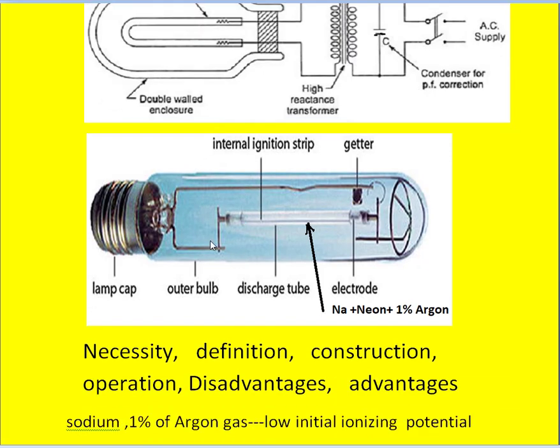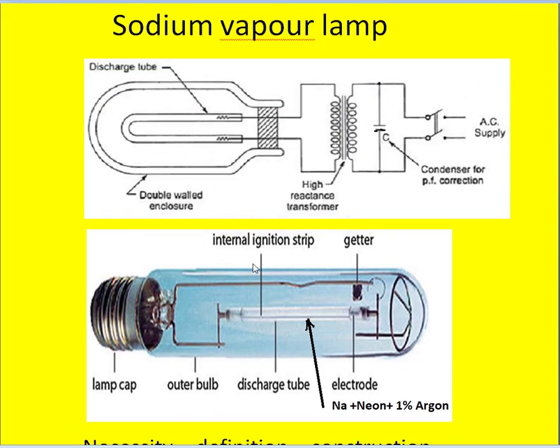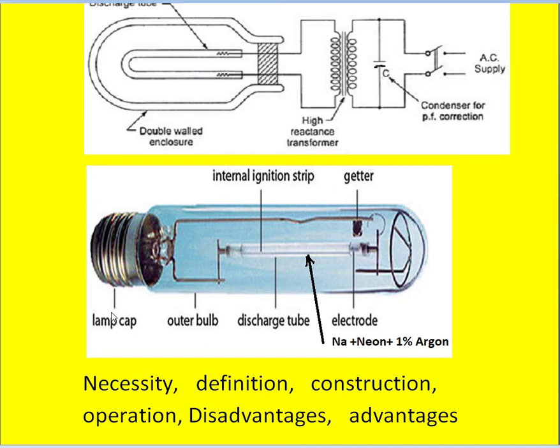When we go into the details, this is the real diagram of the sodium vapor lamp. This is the lamp cap, and this is one electrode, this is a tube, here is one electrode and this is another electrode, and these electrodes are connected to the supply terminals, that is the secondary of the transformer, and this tube consists of sodium, neon and 1% argon.